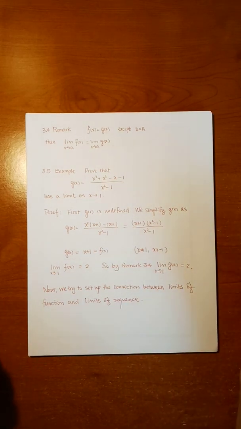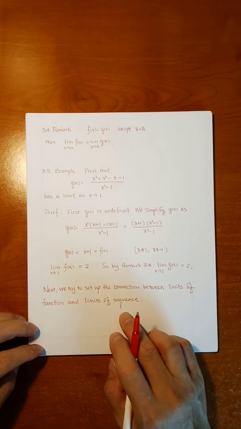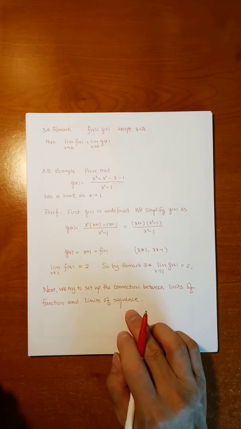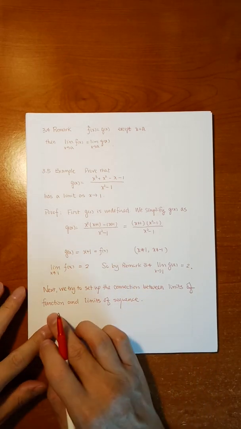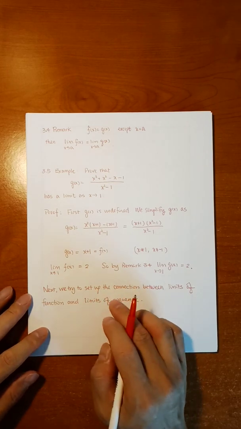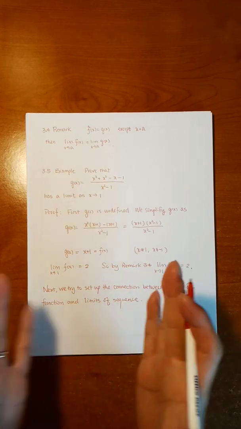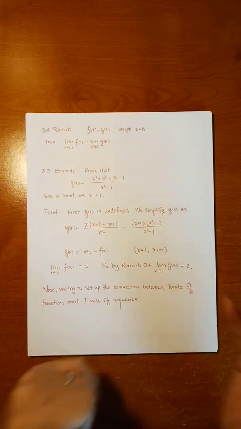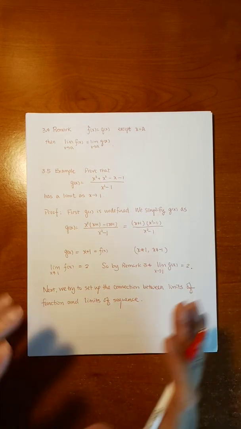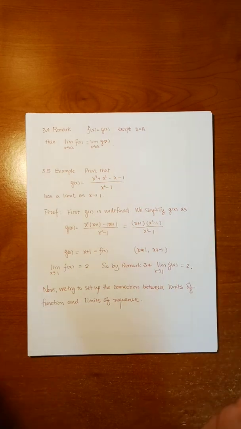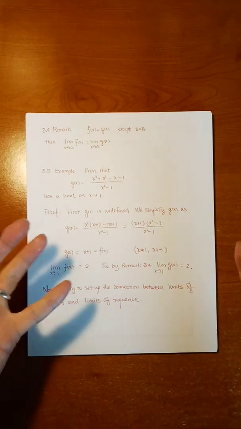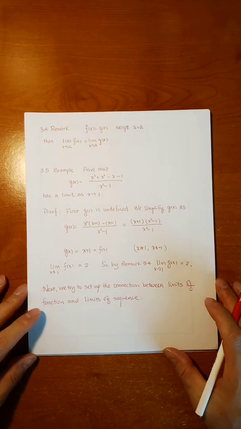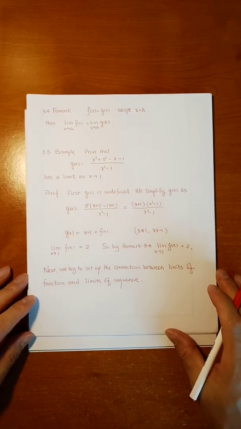Why do we need this connection? Because we already proved many results for the limit of the sequence. If the limit of function is strongly related to the limit of sequence, we can translate the result from sequence to the functions. So that's what we want, which is to move some known result from sequence to functions.